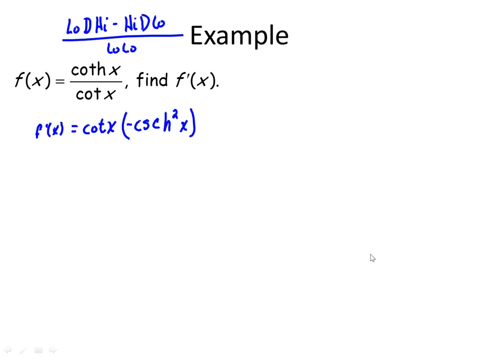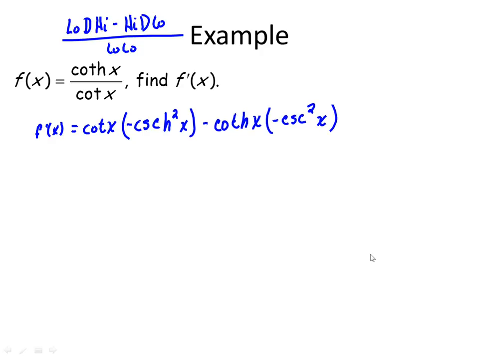So you have low times the derivative of high minus the high, which is hyperbolic cotangent, times the derivative of low. What's the derivative of cotangent? That's off your Cal 1 sheet or the inside front cover of your book, either way. The derivative of cotangent of x is negative cosecant squared x dx, which is going to be 1.